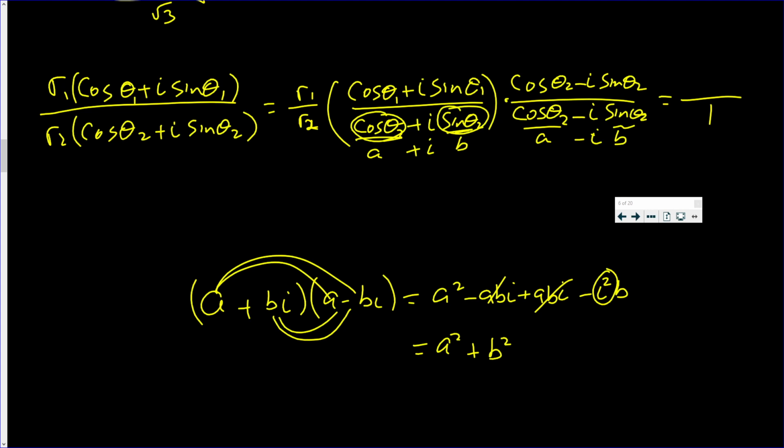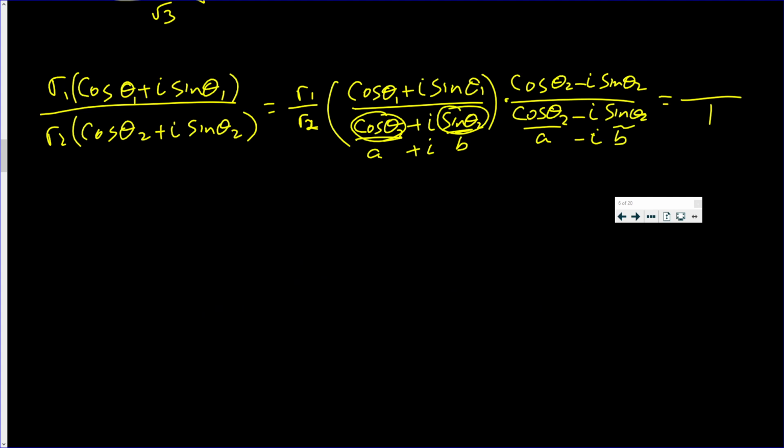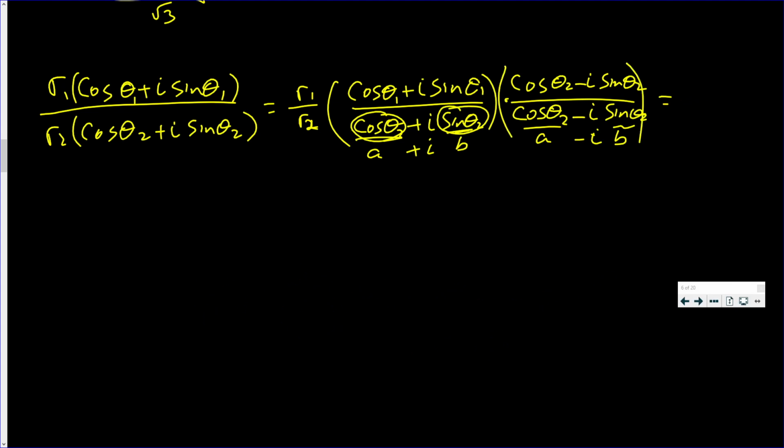That's 1. That's 1. Cosine squared theta 2 plus sine squared theta 2 is 1. And maybe we should write that down for completeness. Okay, so the numerator, well, we're going to have r1 over r2.